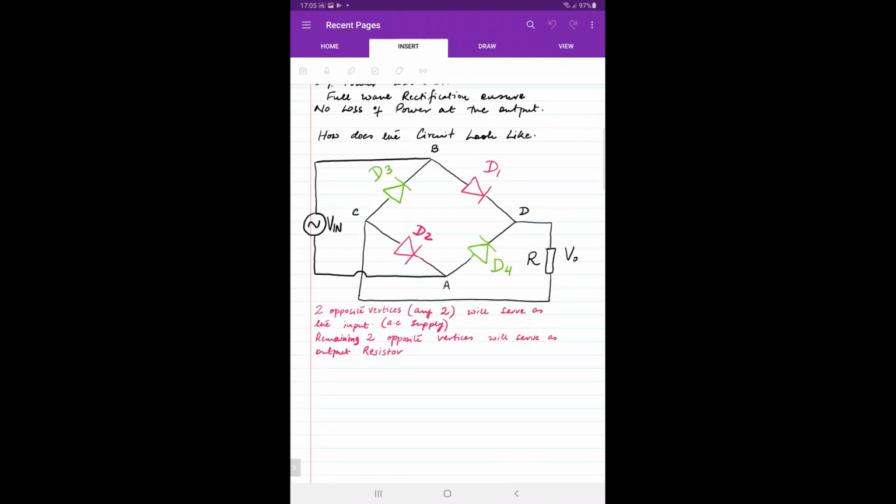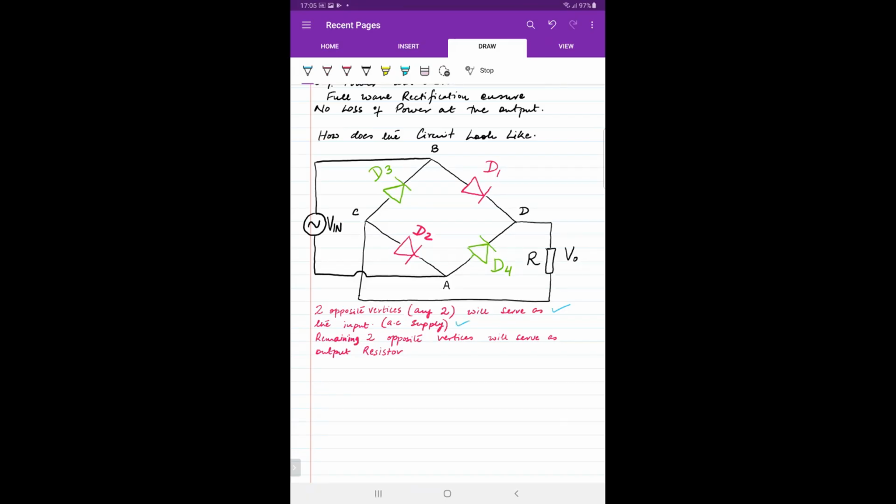I have purposely constructed two of them with the red color, the other two with the green color. The statement says two opposite vertices, any two, as long as they are opposite, they will serve as the input. You would know it's the input because of the placement of the AC supply.